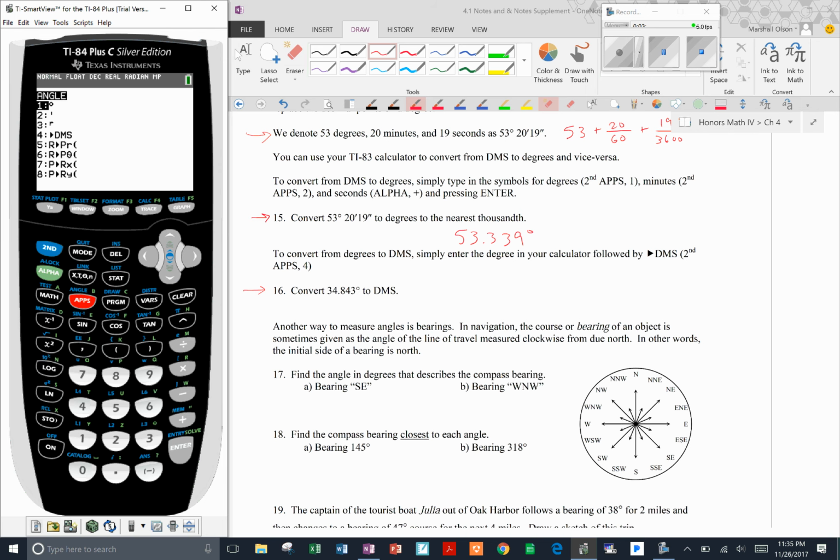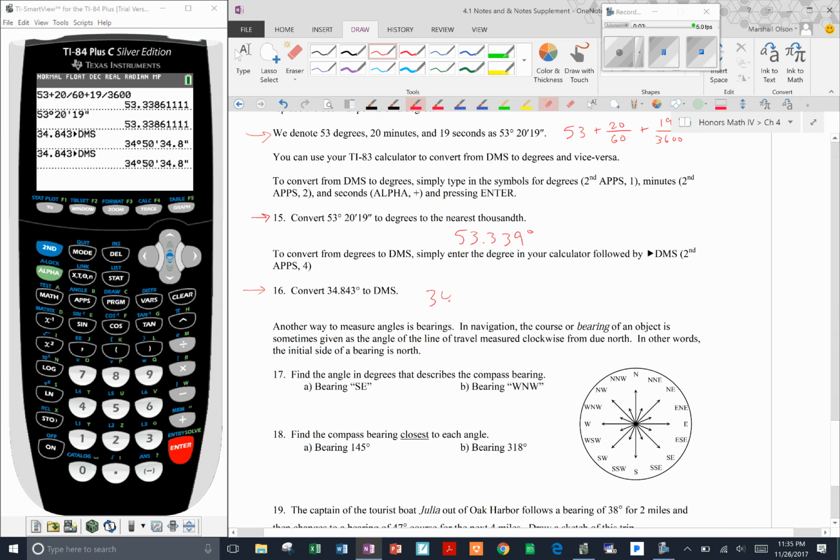Number 4 is the conversion to degrees, minutes, seconds. So if I hit number 4, it'll tell us exactly what that is as degrees, minutes, and seconds. 34 degrees, 50 minutes, and 34.8 seconds.